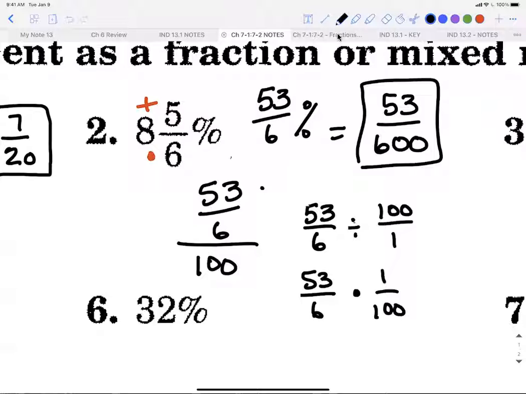Okay, does that make sense so far? Tracking with what we did a couple months ago. Now, when you multiply across the top, you get 53. When you multiply across the bottom, you get 600. So it's very much a shortcut, but there is the math behind it. The math behind it is whatever your percentage is always goes in the numerator over 100.